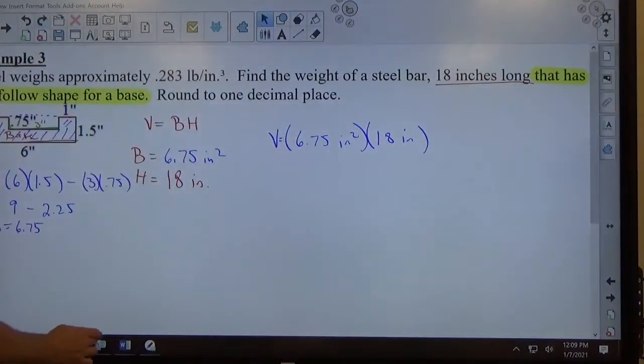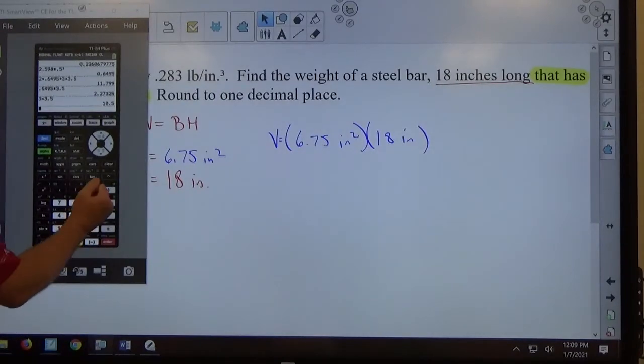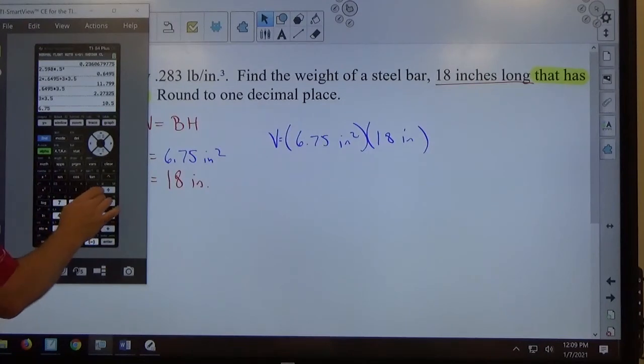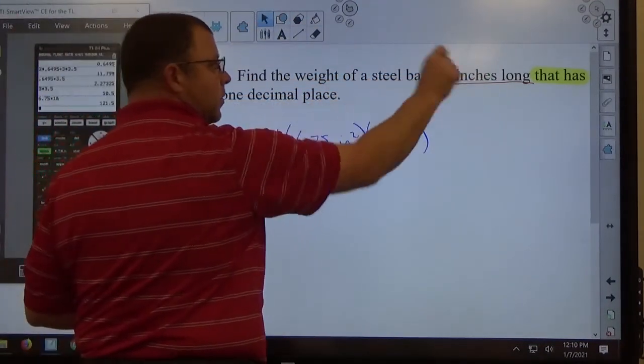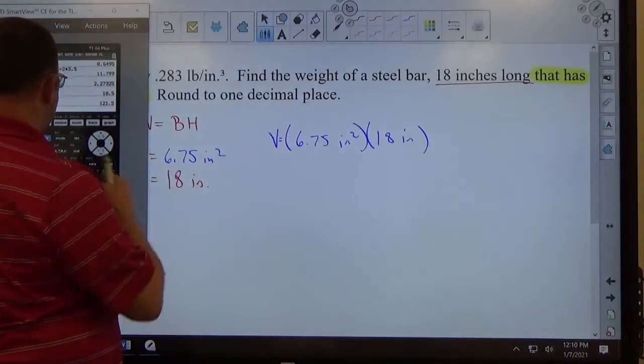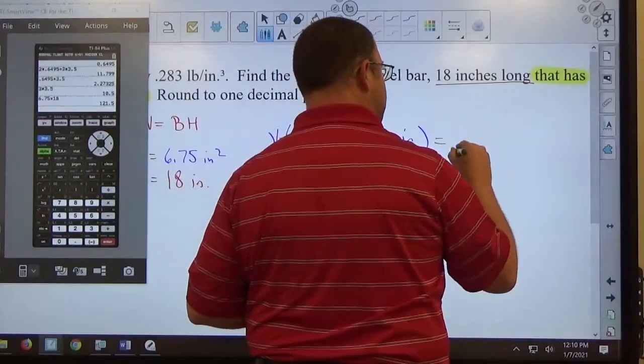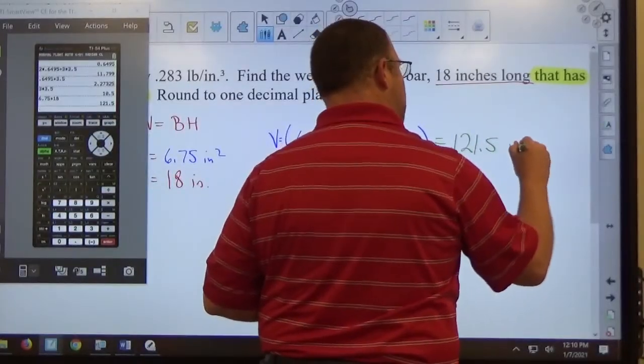Get our calculator out and we type in 6.75. Wait, where'd you get 18? It's right, 18 inches long, right there. So 6.75 times 18 according to my calculator here is 121.5 inches cubed.